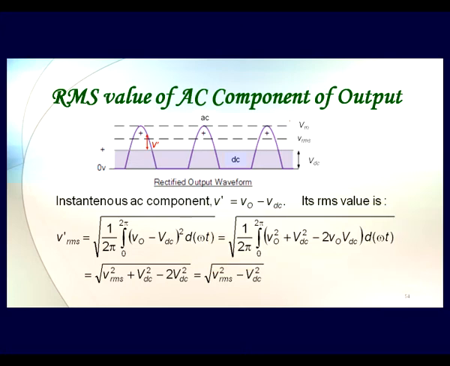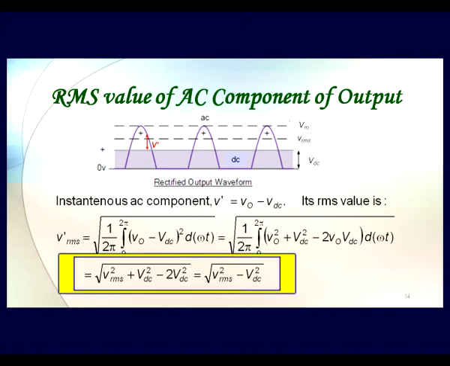Then we know that 1 upon 2 pi integral 0 to 2 pi VO square represents our RMS voltage square, whereas this component integral VO 0 to 2 pi d omega t represents the DC or VDC. So if I just substitute VDC in place of VO and VRMS in place of this VO square integral, then we get V prime RMS is equal to under root of VRMS square minus VDC square.